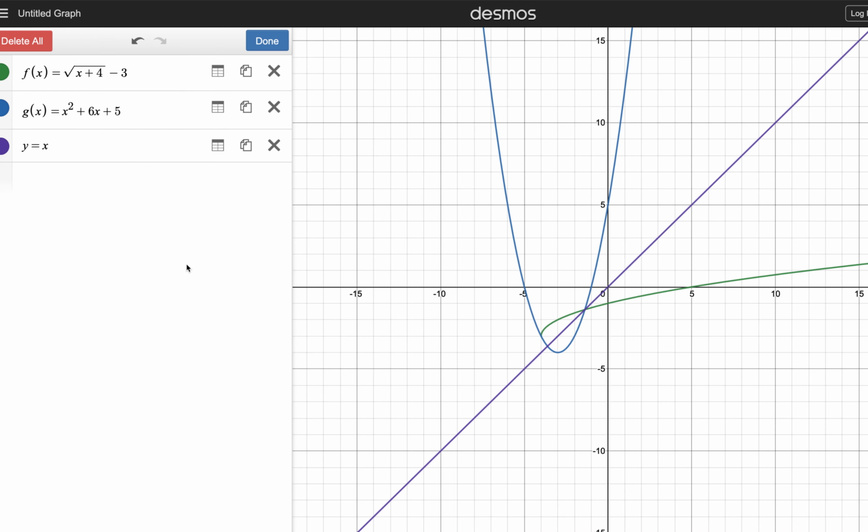And if you notice, that doesn't look like symmetry throughout because there's too much in the parabola. But notice, from before I had the restriction for the inverse that the values of x have to be greater than or equal to negative 3.